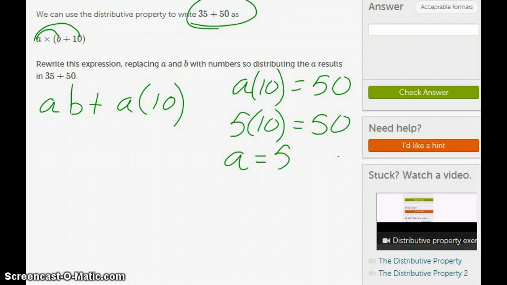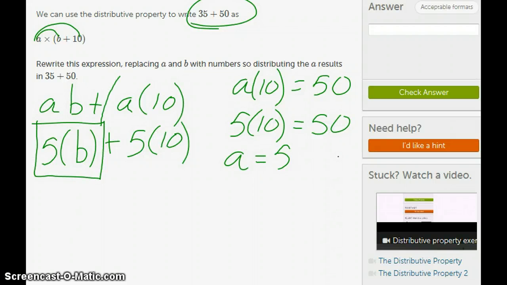Once I know that A is 5, I know that this is going to be 5 times my B plus 5 times 10. Okay? 5 times B has to equal the 35. So 5 times 7 is 35. So my answer is going to be 5 times B. B has to be 7 plus 5 times 10.